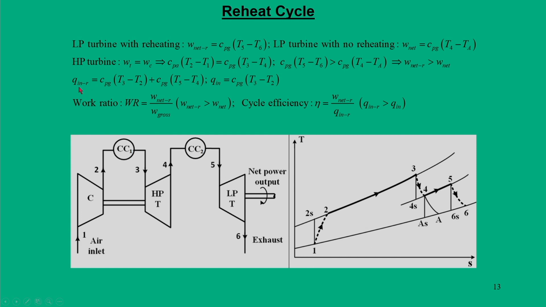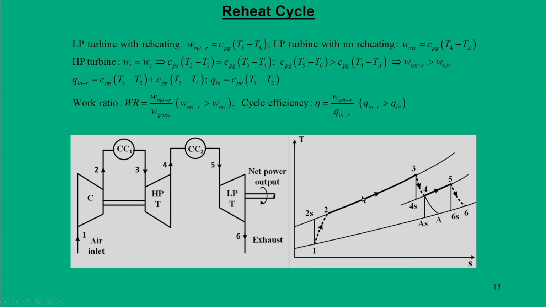So, the extra heat that gets added is Cpg times (T5 minus T4), and the heat we supply without reheat would have been Cpg (T3 minus T2).